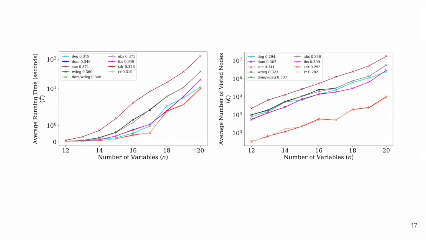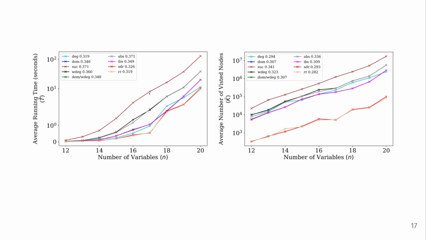Because we use a very basic framework for experimentation, we did not have the opportunity to test on instances with a large number of variables. Here we analyze the trend of each algorithm when the number of variables increases from 12 to 20, as an indicator of what might be happening when the number of variables is large. There are two plots here. On the left, we have a plot with average running time as the y-axis and number of variables as the x-axis.